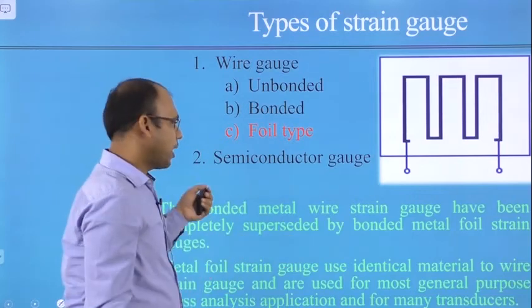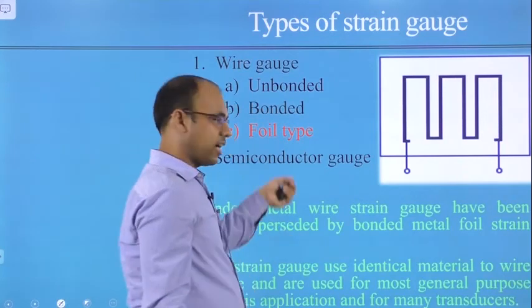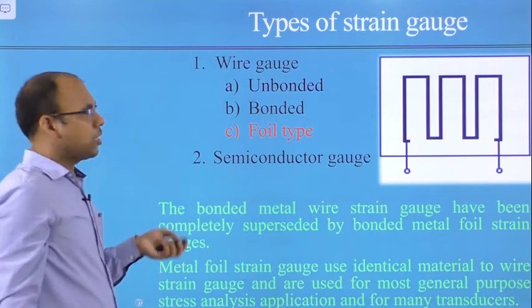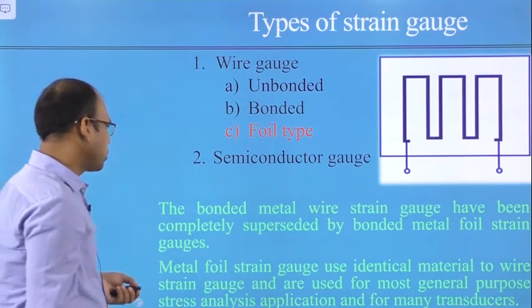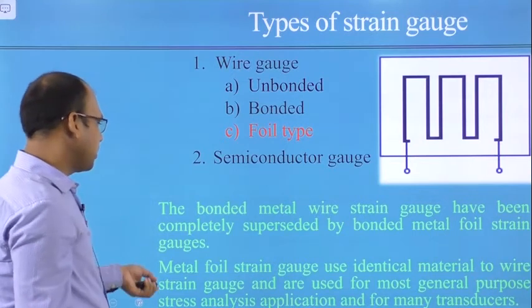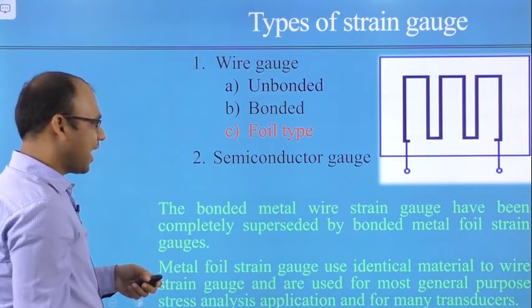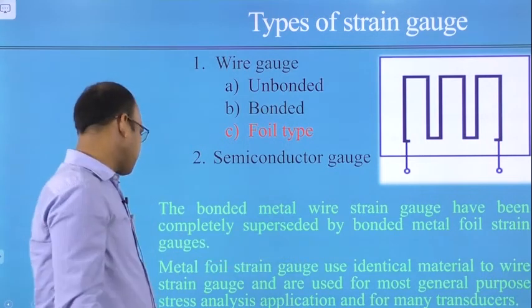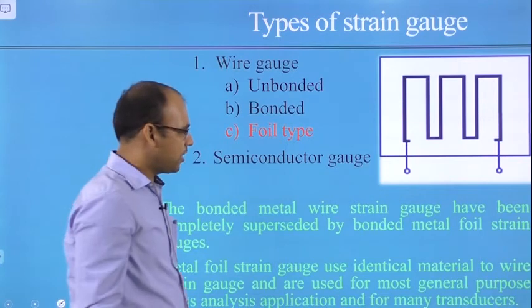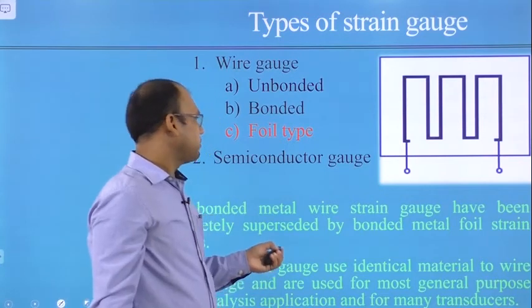So for high stress and high strain measurement, or high force measurement, we will use a foil type strain gauge. Here the metal foil strain gauge is identical to the wire strain gauge and is used for most general purpose stress analysis and the application of many transducers, right?